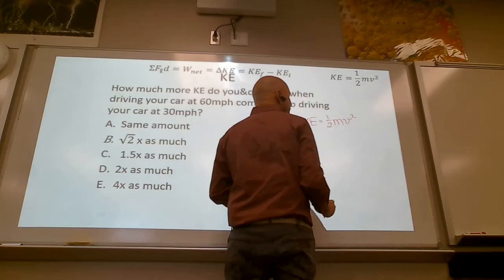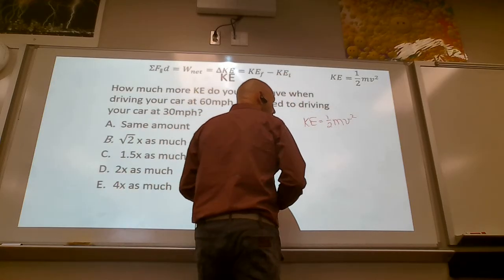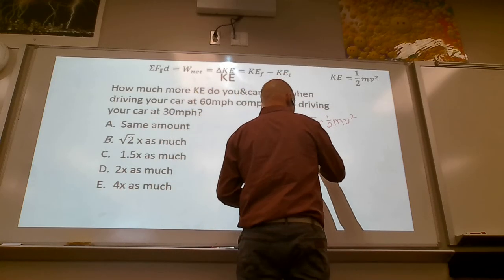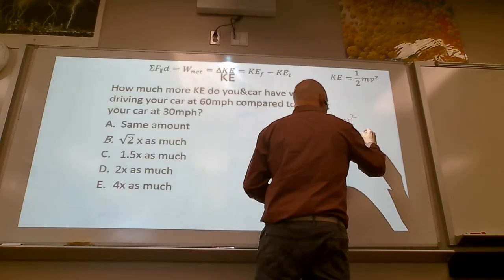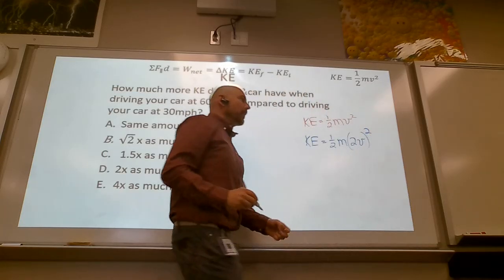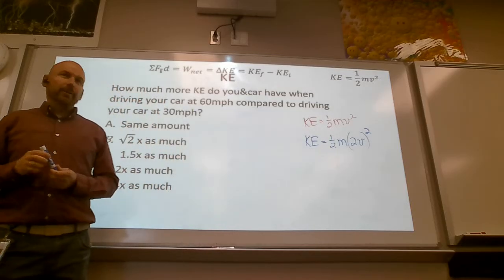So one half mass times speed squared. If we double that speed, we need to square the doubling part.